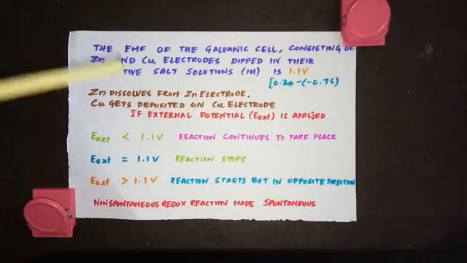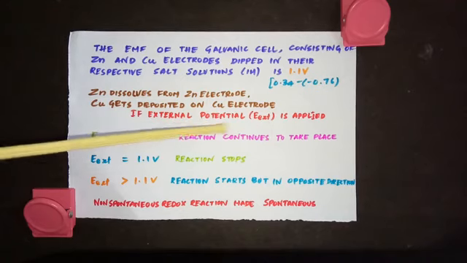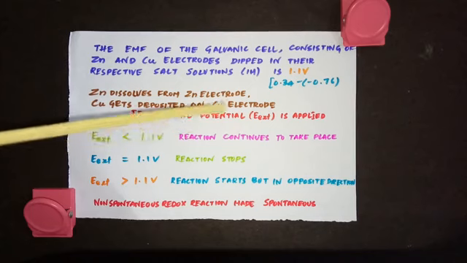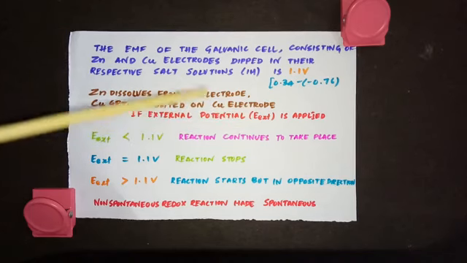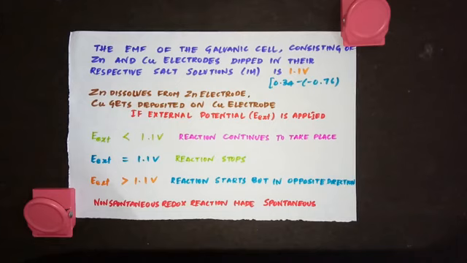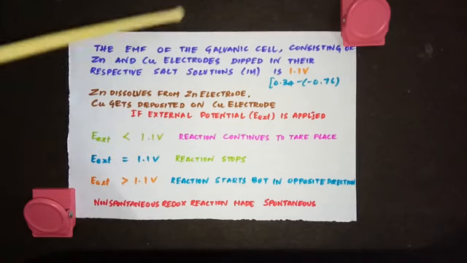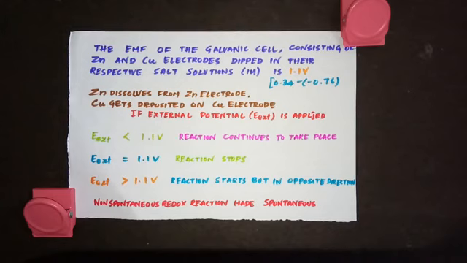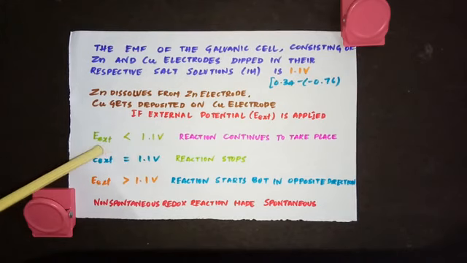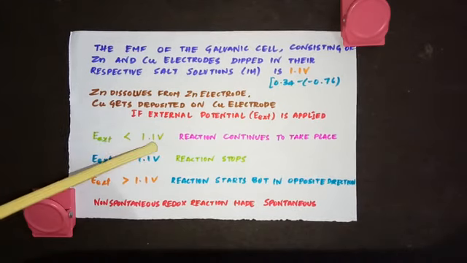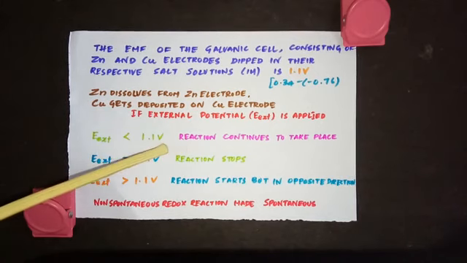Now what we are going to do is apply an external potential, Ex, which means you are connecting it to an external source where you are going to apply electrical energy. If the external potential is less than 1.1 volt, what is this 1.1 volt? The maximum EMF that can be obtained from this cell. If the potential that you are applying from outside is less than this value, then the reaction which was happening already continues to take place.